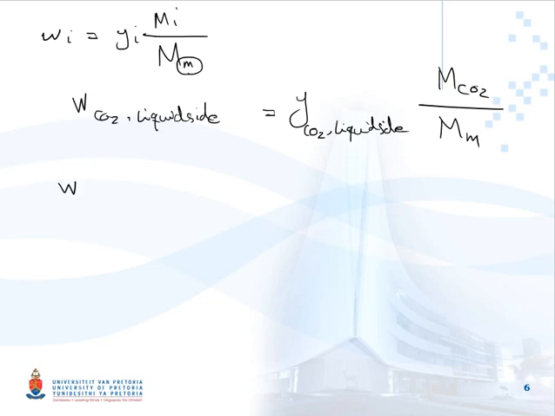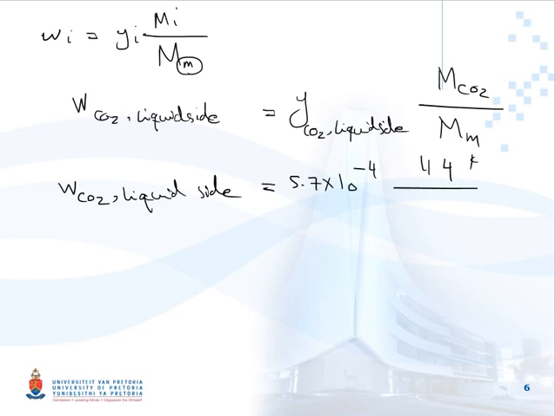So then we will have the liquid side is equal to 5.7 times 10 to the power of minus 4 times 44 kilogram per kilomole divided by 18 kilogram per kilomole, which will be equal to 0.00139. Okay, so now we have it.